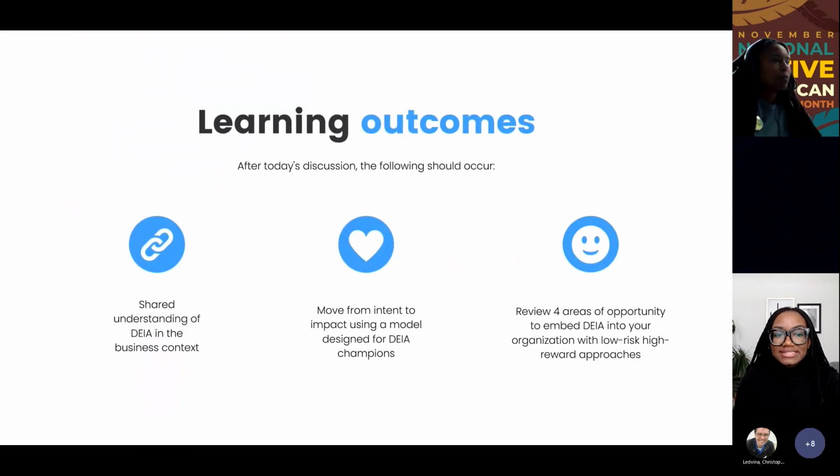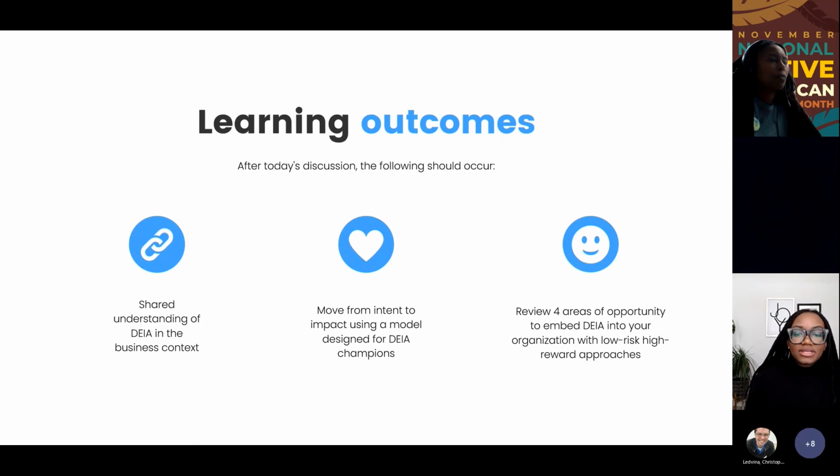So let's dive in. I have a few learning outcomes for us in today's conversation. First, I want us to create a shared understanding of what diversity, equity, inclusion, and accessibility is in a business context. I know that we're all probably really familiar with the definitions, but what does that look like for employers?